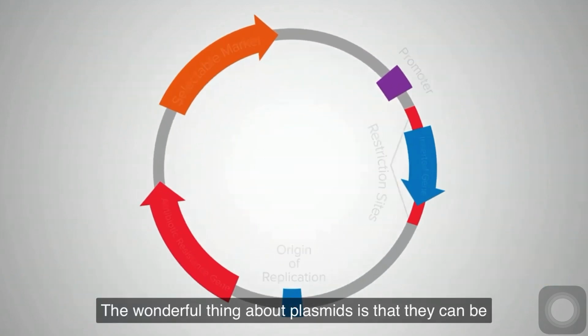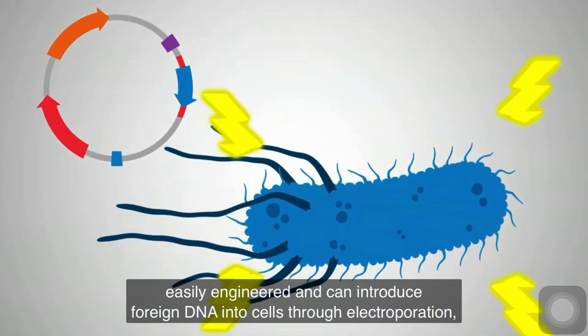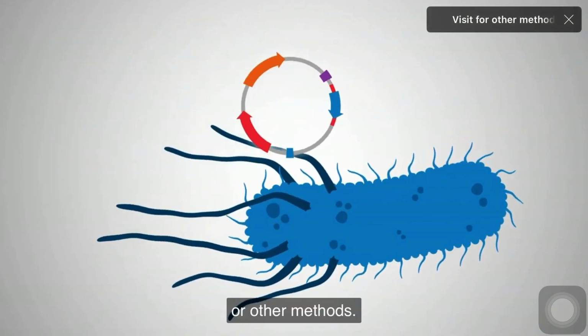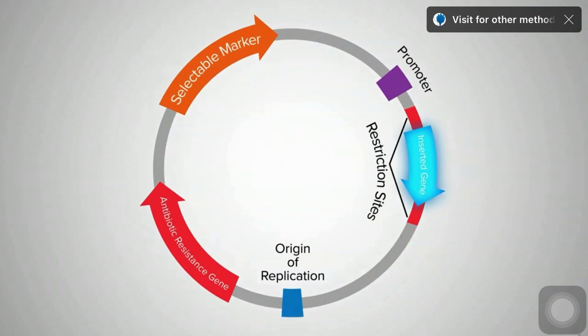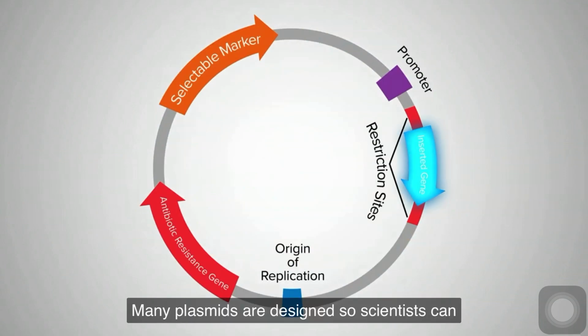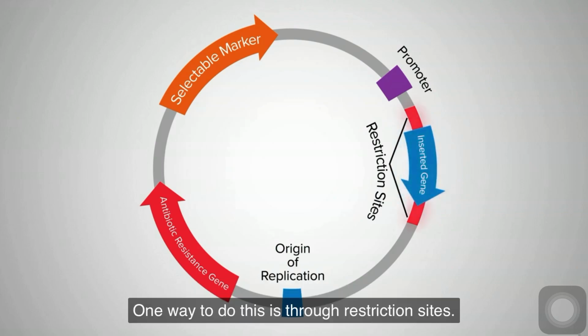The wonderful thing about plasmids is that they can be easily engineered and can introduce foreign DNA into cells through electroporation or other methods. Many plasmids are designed so scientists can insert genes they want to be expressed in organisms. One way to do this is through restriction sites.